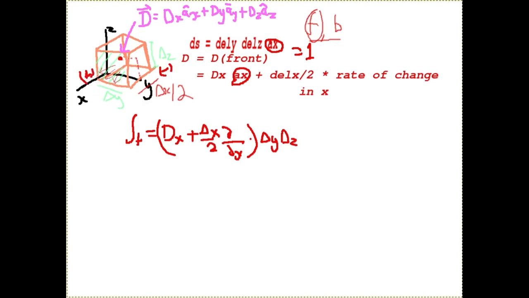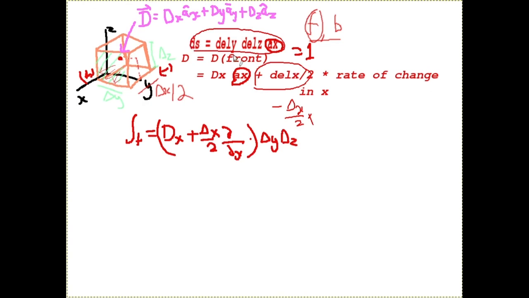So here this will be equated to minus delta x by 2 into the rate of change with respect to x. Now what happens to the surface here?